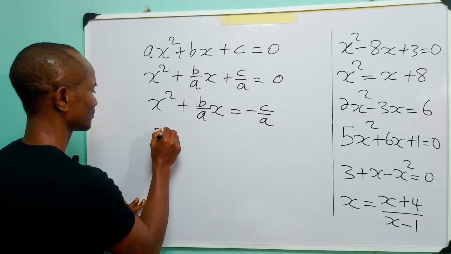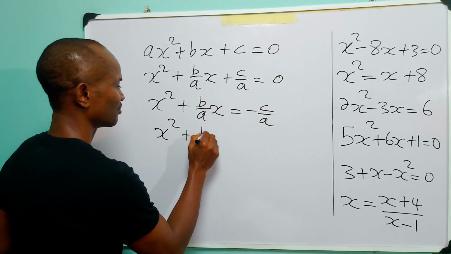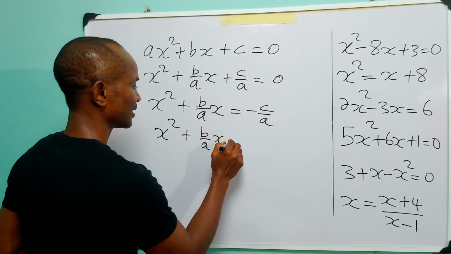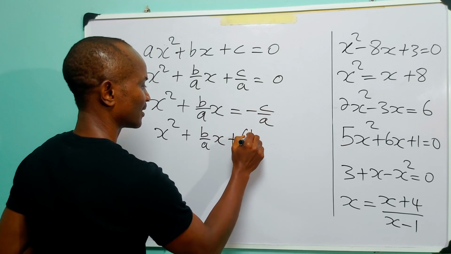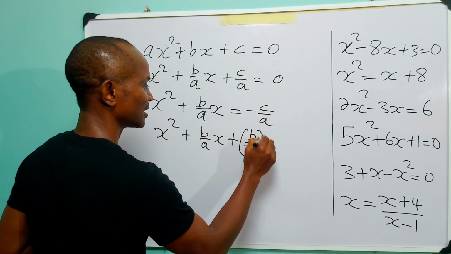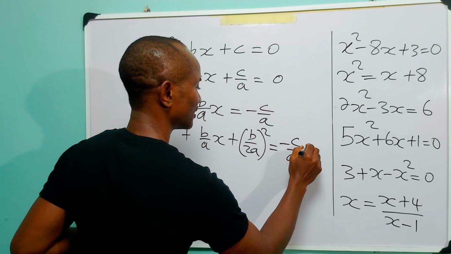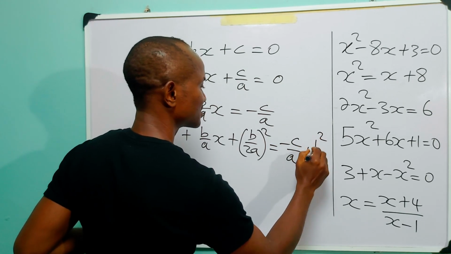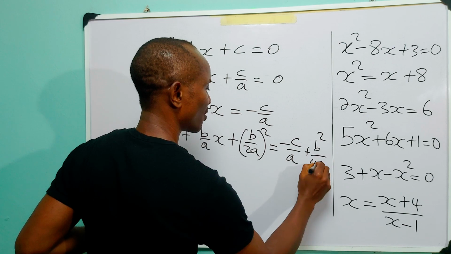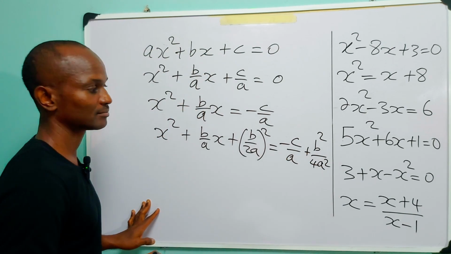So we have x squared plus b over a x plus (b over 2a) squared is equal to minus c over a plus b squared over 4a squared.